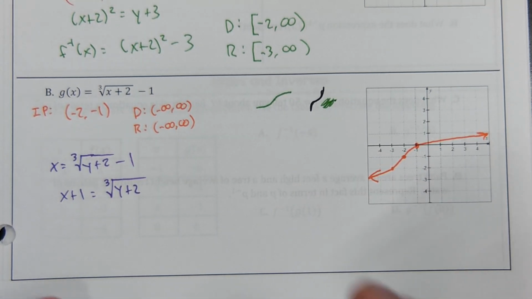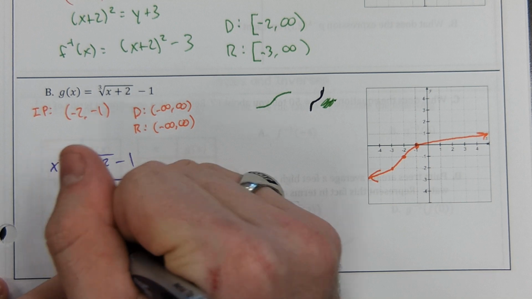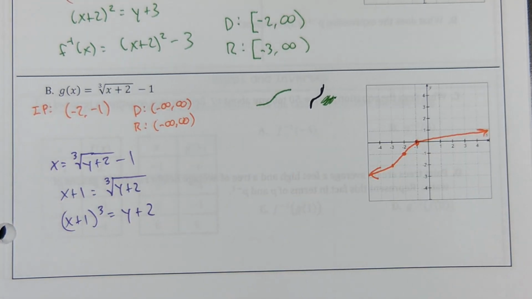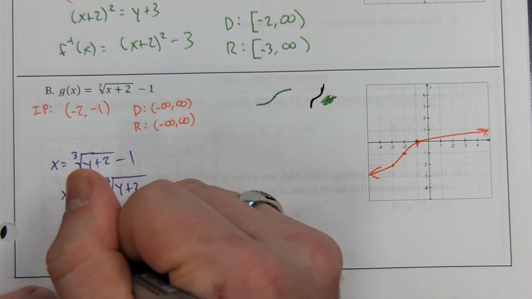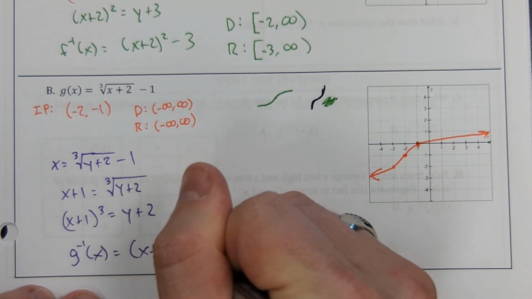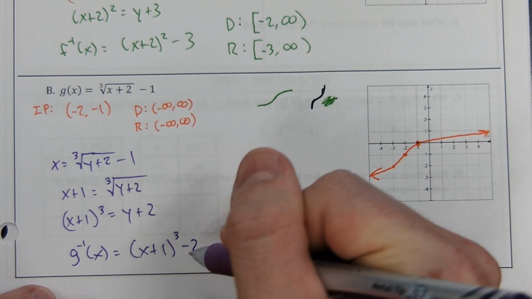Raise both sides to the third power. And subtract 2. Because this graph passes the horizontal line test, I know its inverse is a function, so I'll write g inverse of x when I subtract 2. I'll get g inverse of x equals x plus 1 cubed minus 2.